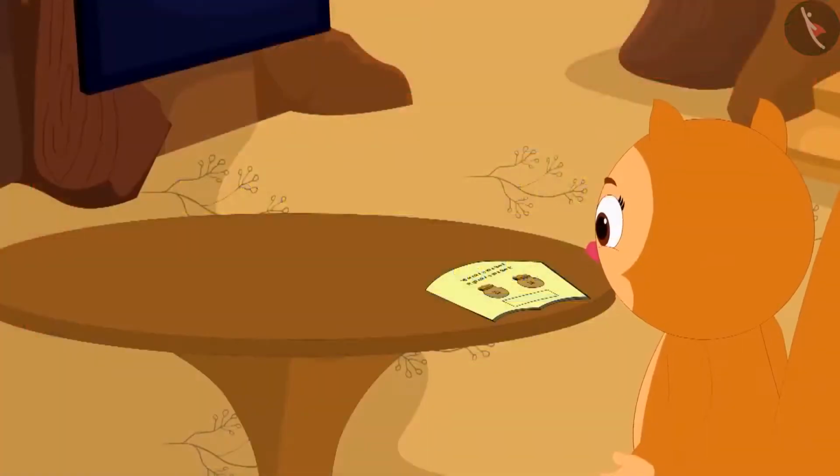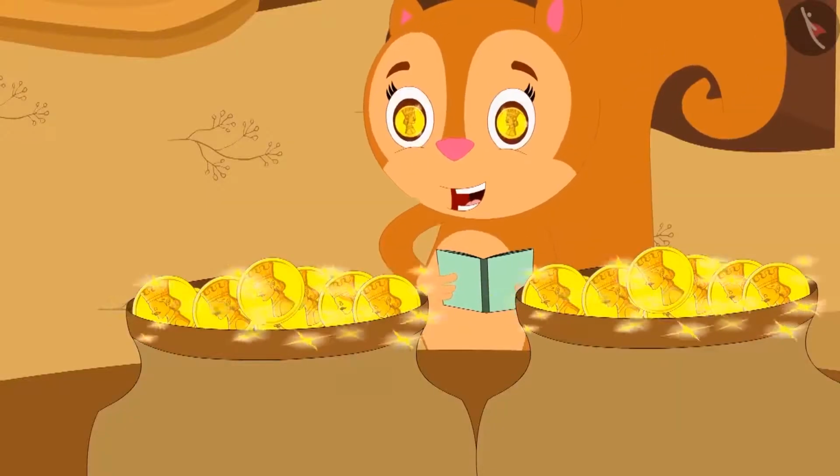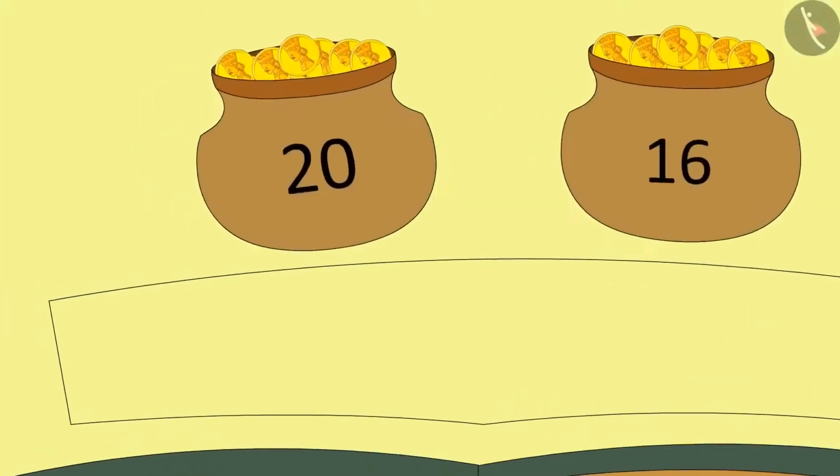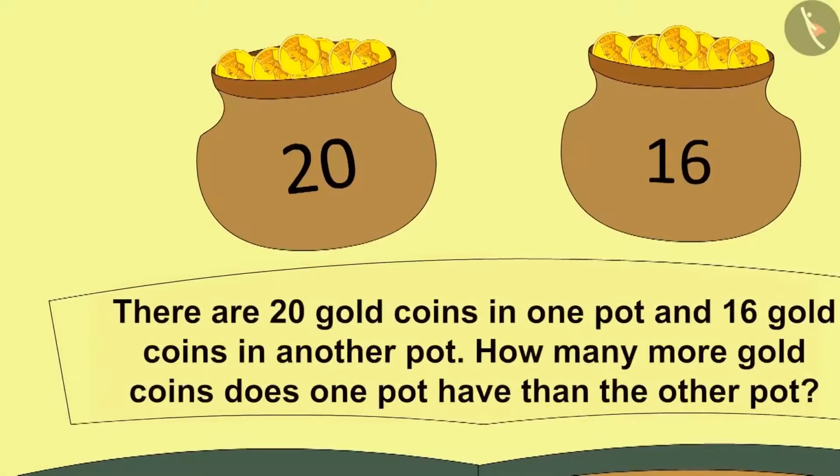Suddenly, the two pots filled with gold coins appeared in front of Chanda. Chanda was not able to believe her eyes. Children, can you make another question as well on this? Absolutely right.